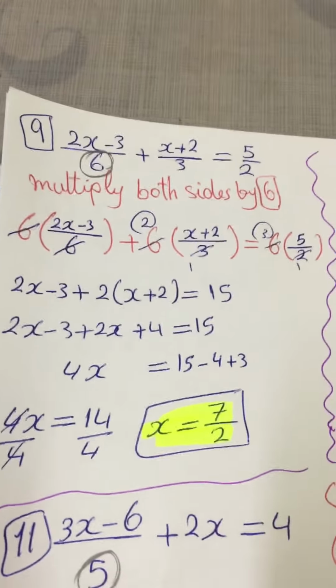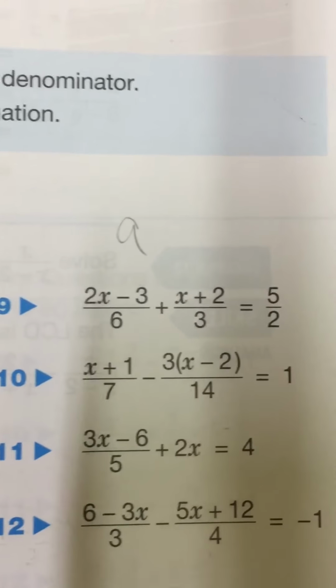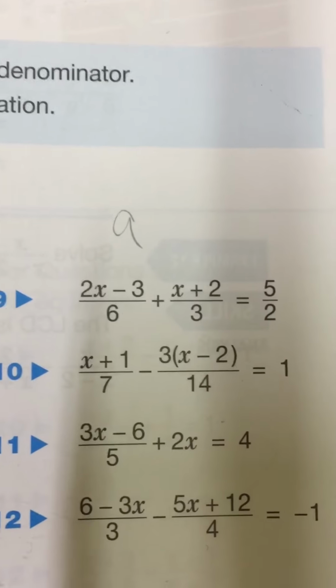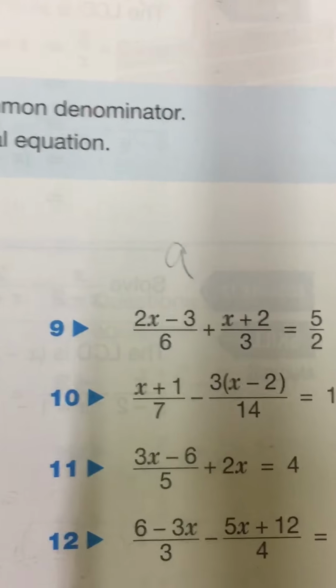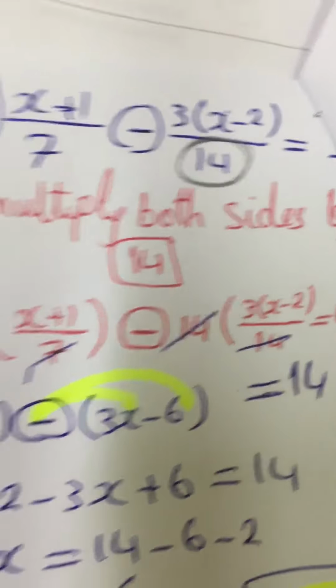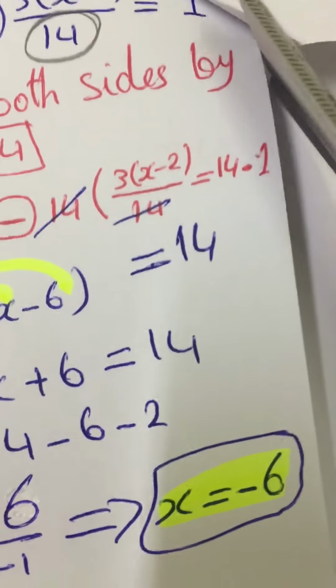Look carefully, what is the suitable denominator, the LCD? I can multiply both sides by it to clear the denominator. Yes, excellent, 14. So I decide here to multiply both sides by 14. Here we have equal 1.